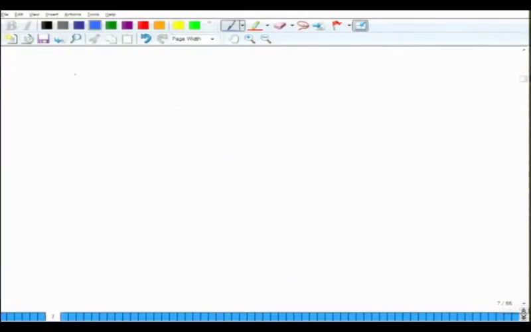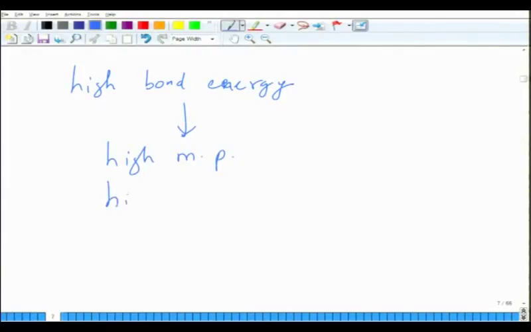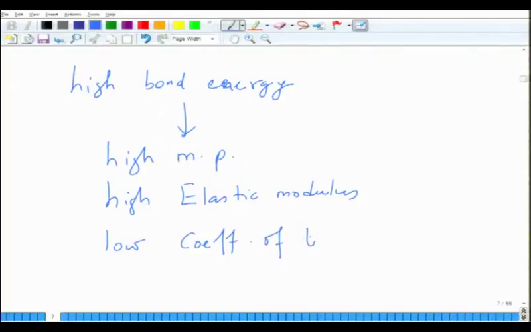So, basically I would say here high bond energy implies in this case high melting point, high elastic modulus, low coefficient of thermal expansion, and most ionic solids as a result have these characteristics.